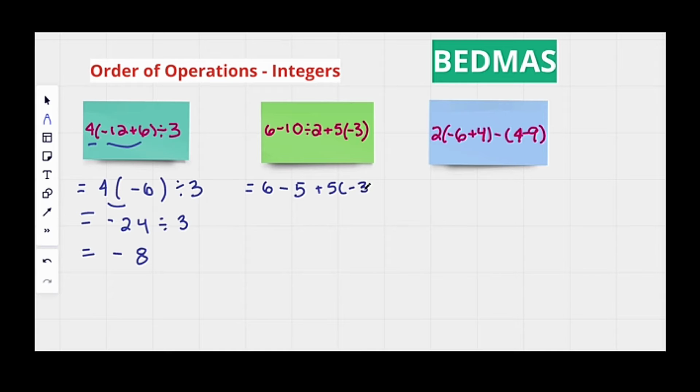And I'm not going to do the multiplication on the same line so that we can make sure we're doing everything step by step. Next, we're going to take care of this multiplication because BEDMAS tells us it's division then multiplication. So that means everything else stays the same. Okay, plus, what is 5 times negative 3? It's negative 15.